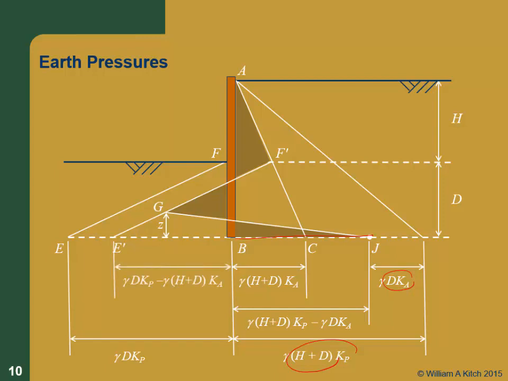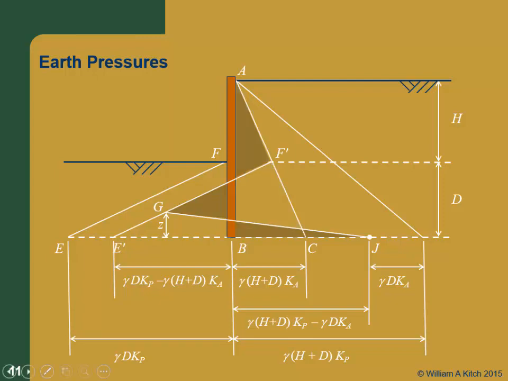This distance from F prime to E prime has got to be gamma times D times K passive minus gamma times (H plus D) times K active. So that's going to be that distance.